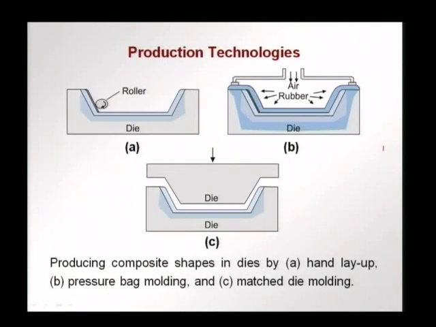You might also want the FRP to have a certain shape which is not just a flat surface. Here what could be done is a die is made of the shape, giving the shape that the element should have, and using a roller or a pneumatic system with air giving pressure over a rubber laminate that is pressed against the FRP, or with a die, this shape is obtained in the FRP.